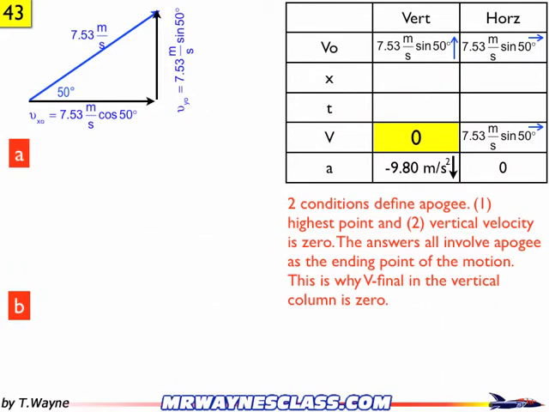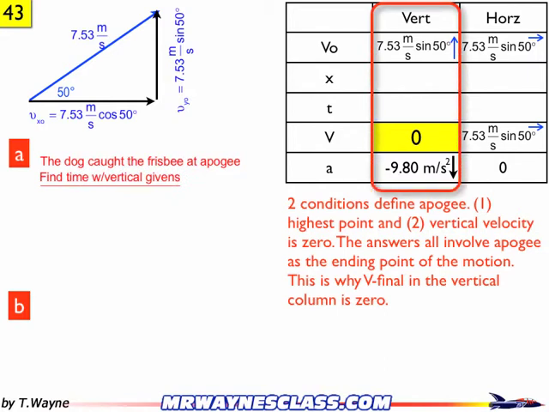Part A wanted to define the time to where the dog caught the frisbee. So that's the time from when he left the ground to when he caught the frisbee. So I'm going to find the time with the vertical givens. I look at my vertical givens. I need the equation with v, v naught, a, and t in it, which is the v equals v naught plus at equation.